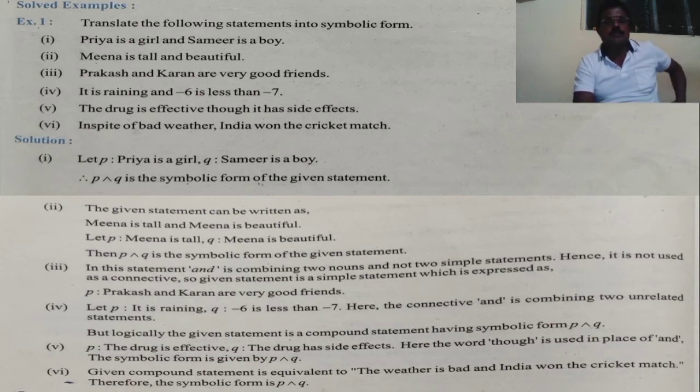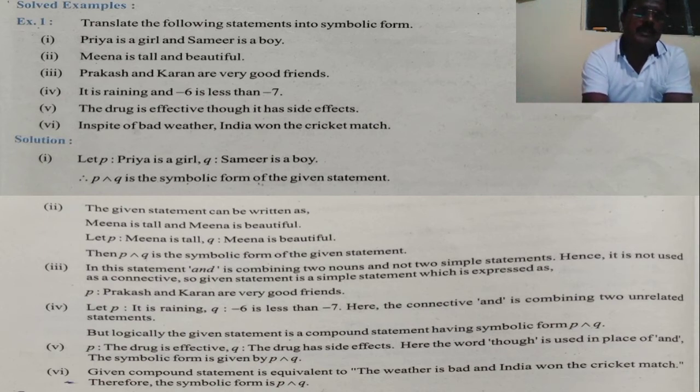Therefore, the first simple statement of this compound statement is P: Meena is tall. The second simple statement is Q: Meena is beautiful.